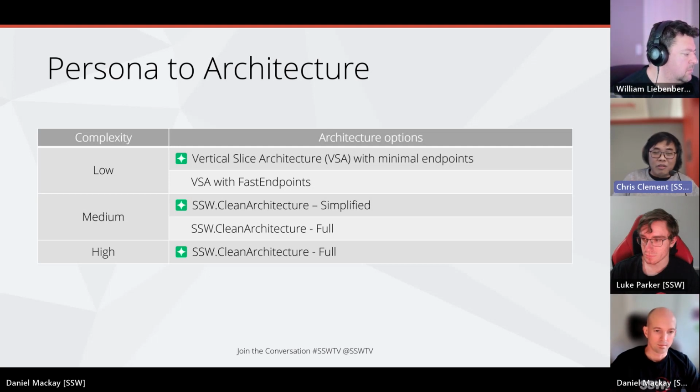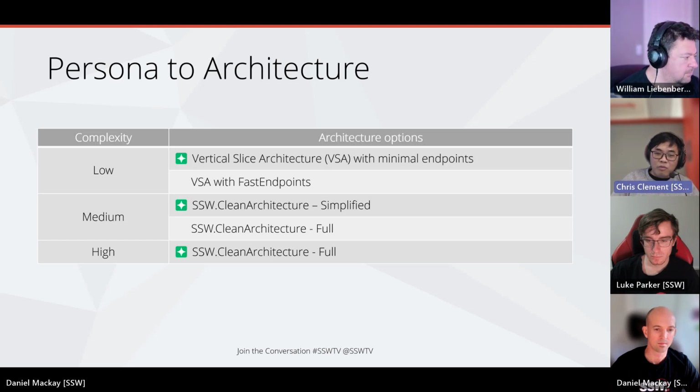If your project is low complexity, then perhaps you don't need those layers. So we recommend that you start with the VSA architecture with minimal endpoints. There's also another option using FastEndpoints that we discussed a while ago. This is also an option that you can do.